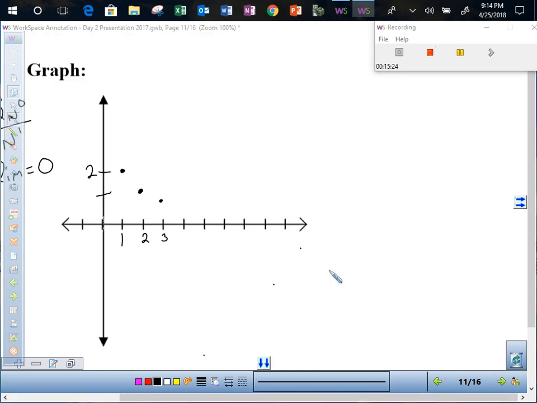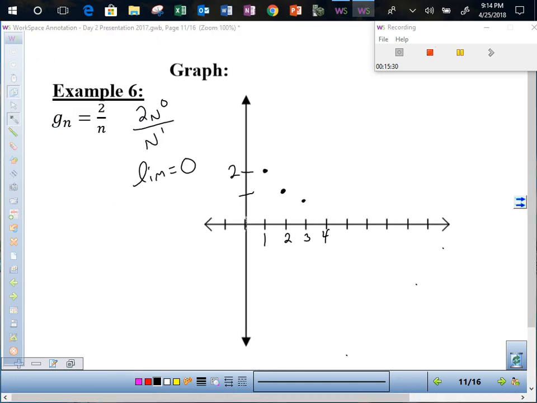When I plug in 4, I'm going to get 2/4, so I'm going to get 1/2. Let's jump way out here to 4, 5, 6, 7, 8, 9, 10. When I plug in 10, 2/10 is 1/5. Now think ahead a little bit. What if you did 100, 1,000, 1,000,000? You're still going to be a little bit above that.